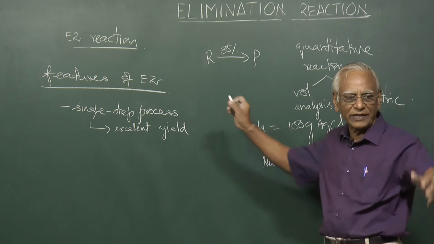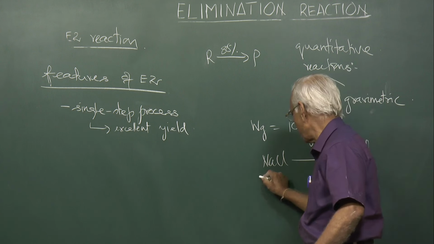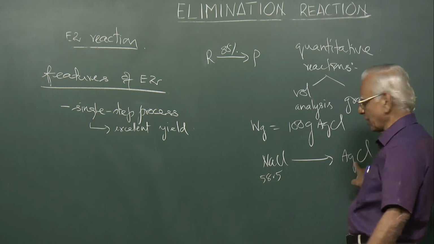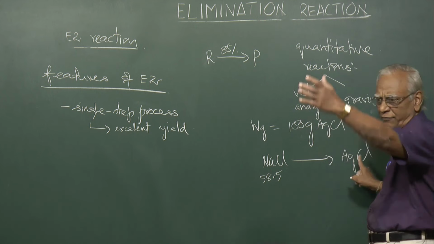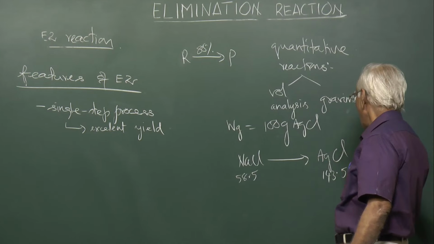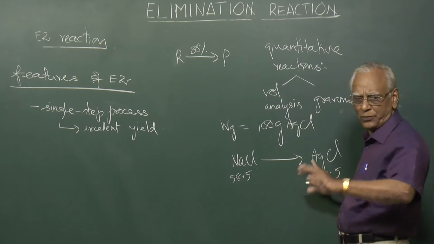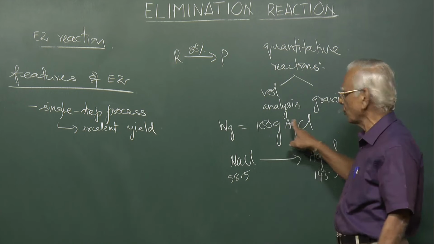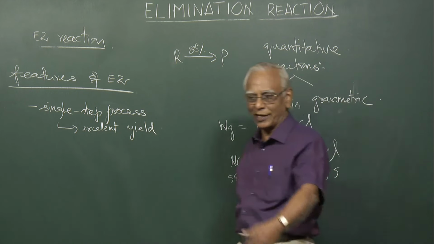What is the molecular weight of sodium chloride here? 58.5, that is 23 plus 35.5. What is the molecular weight of silver chloride? 108 plus 35.5, that is 143.5. So 143.5 grams of pure silver chloride should have been obtained from 58.5 grams. Therefore, 100 grams of silver chloride should have given rise to how much?